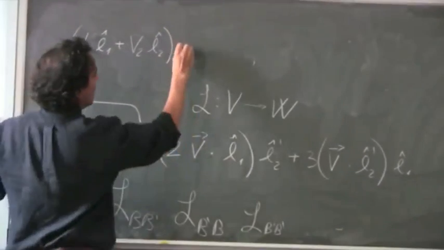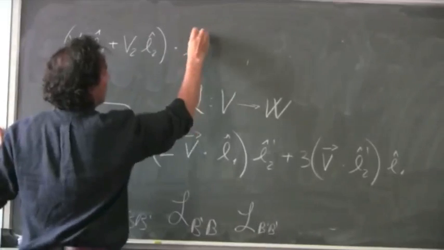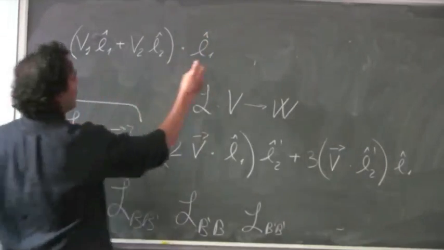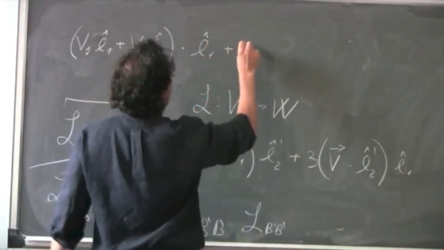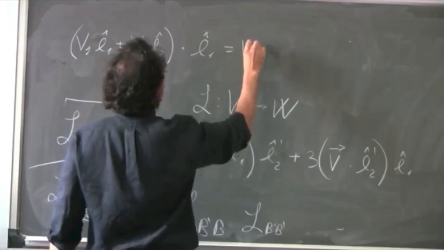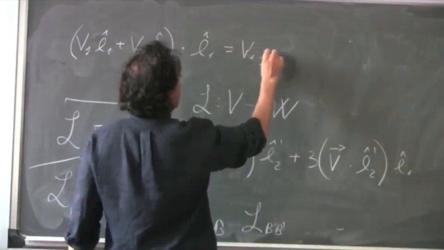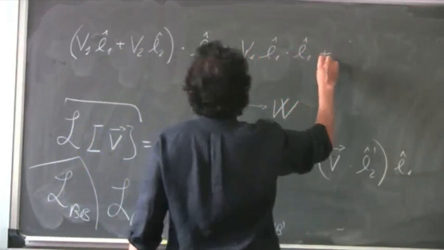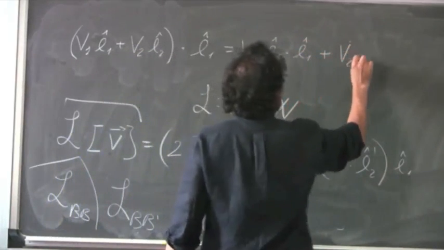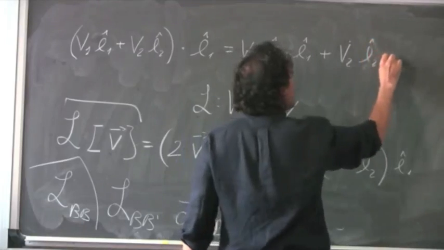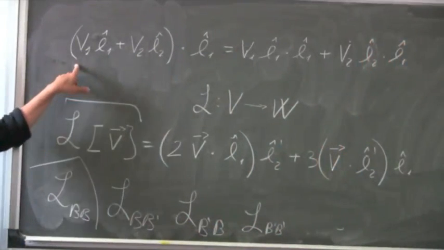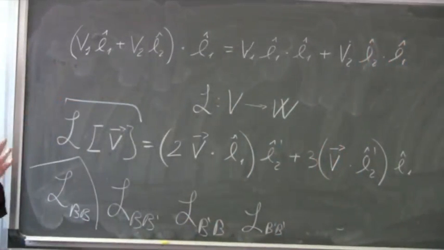scalar E1. This is equal to V1 E1 scalar E1 plus V2 E2 scalar E1. You see? This is the rule of distribution of product with respect to the sum.